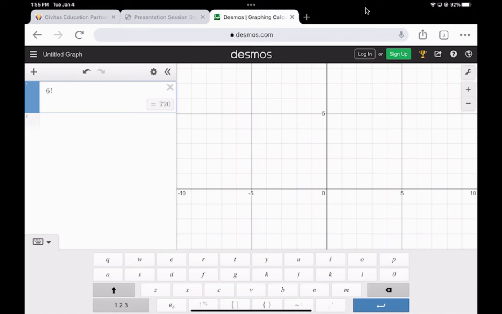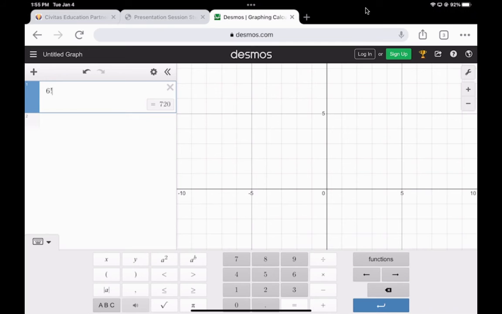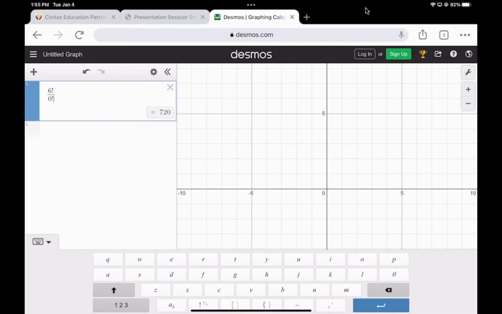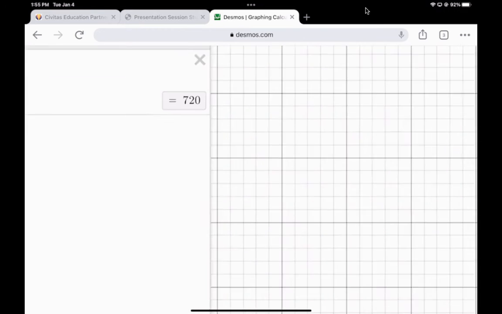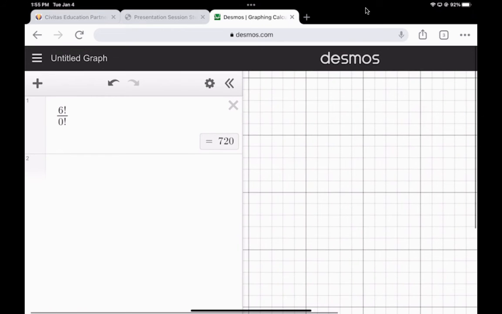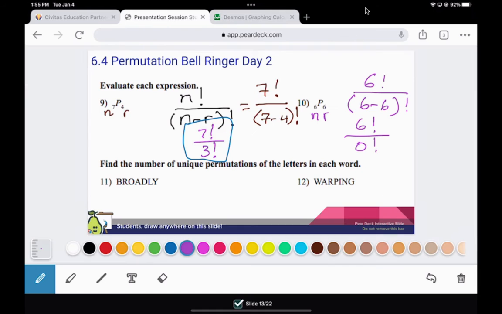If you cannot find the factorial on your screen, you want to let me know. You can share your screen, and then I can take a look to see what is not there. So put in 0. And then there you go. You look on the side right here, it says 720, right? The answer is right there for you. So that would be 720.